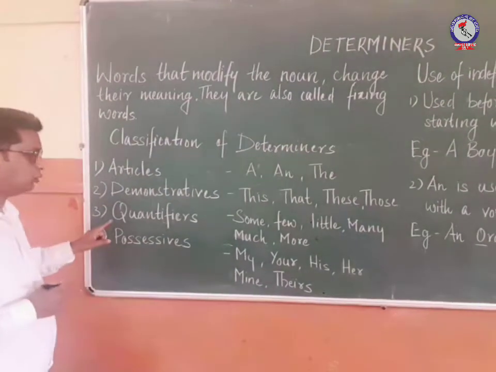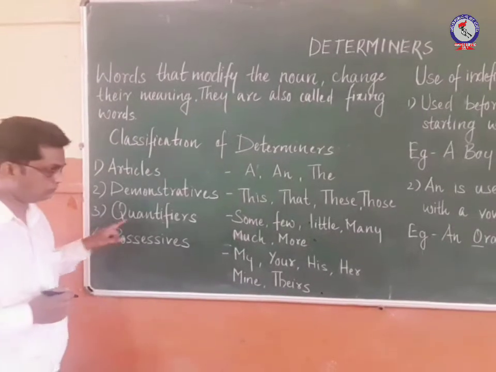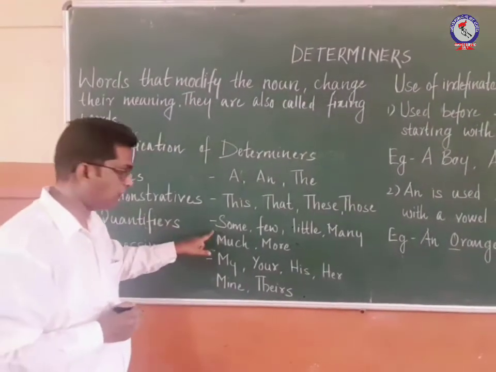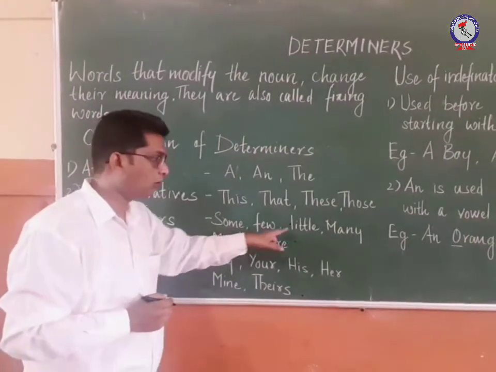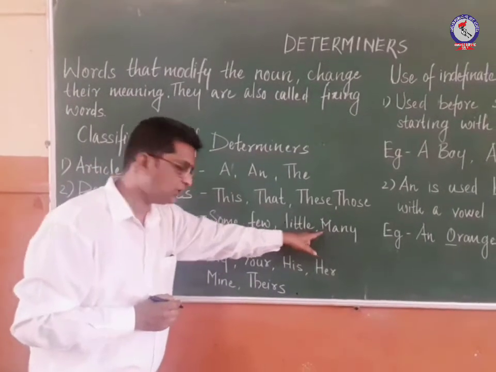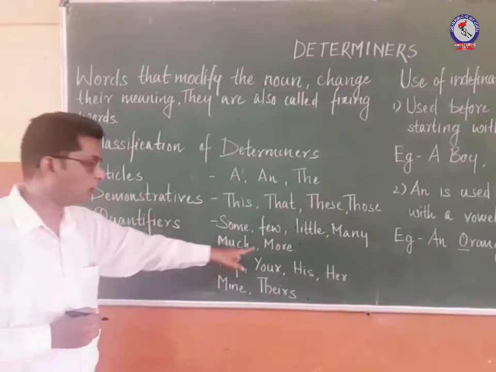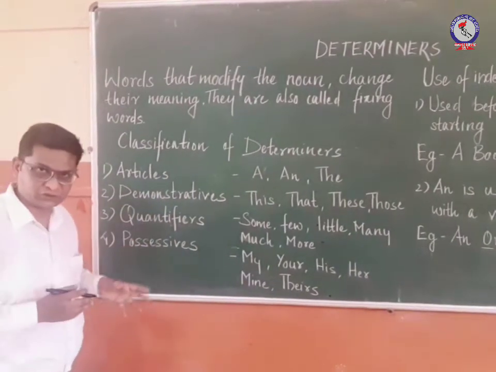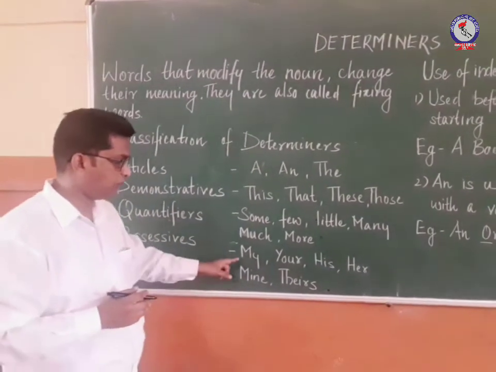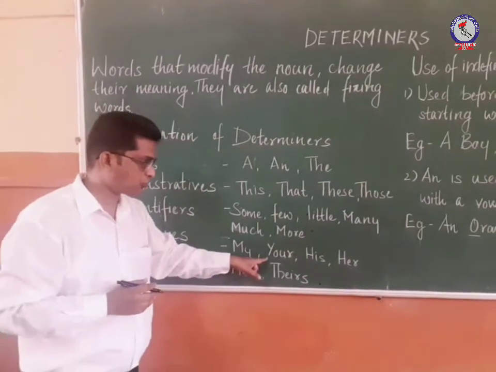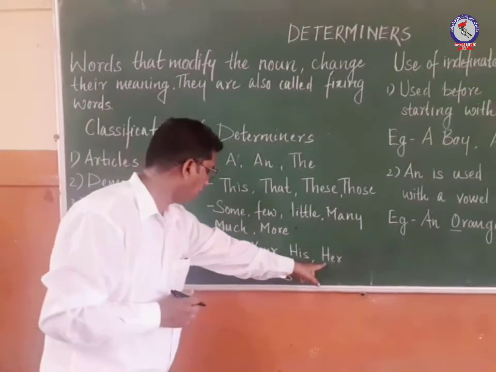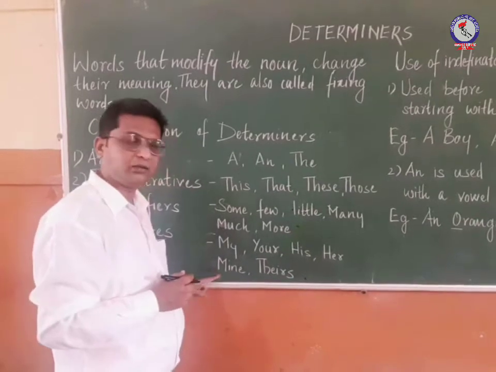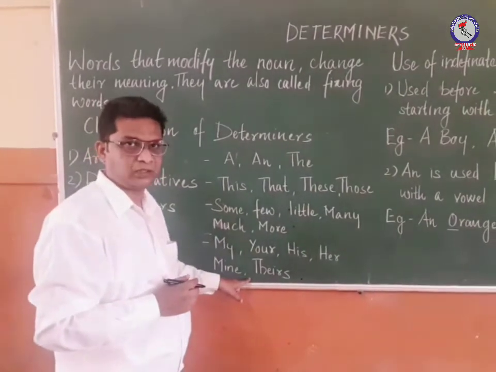Then we have quantifiers. In this we have some, few, little, many, much, more, and lastly we have possessives. Examples: mine, yours, his, her, theirs.